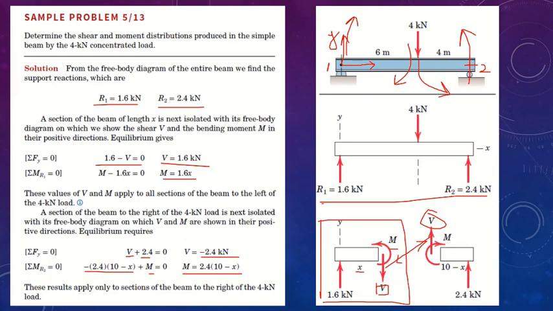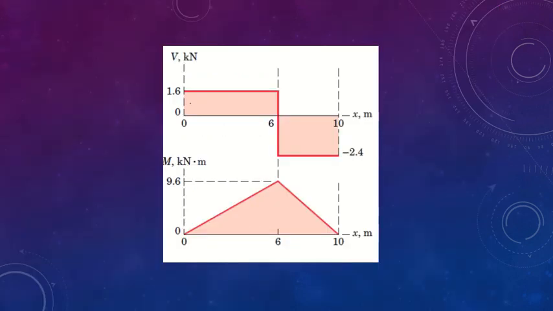So using the equations, let us develop the first set of equations. As you can see, up to the specific point 6, where the 4 kN load was acting, our shear diagram indicates a constant magnitude, as V is not a function of x, and then it jumps to minus 2.4. This discontinuous jump creates a large change in moment.